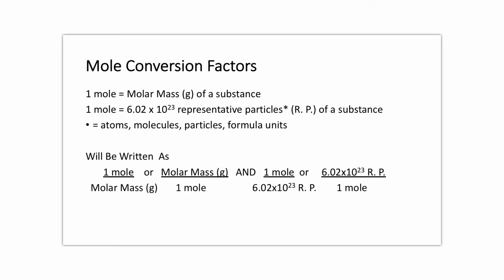Now, if you look at it here, obviously the molar mass is equal to a mole, and 1 mole is equal to this many particles. Therefore, if I weigh out a molar mass of something, I get that many particles. So we're going to use these conversion factors to help us solve conversions between grams and particles and moles.